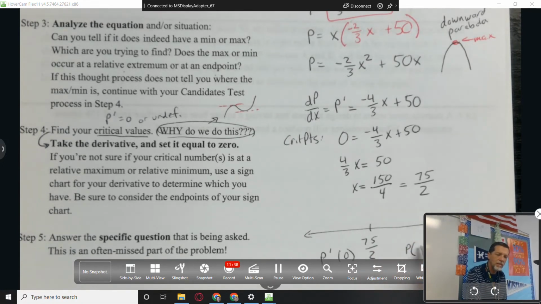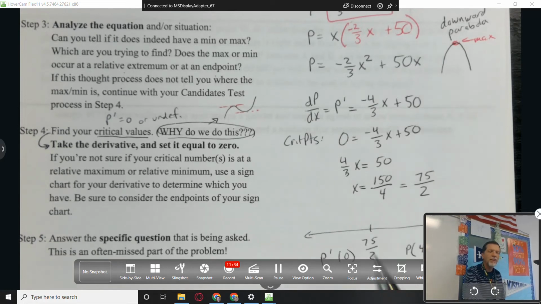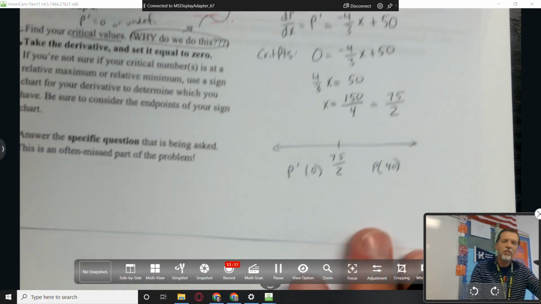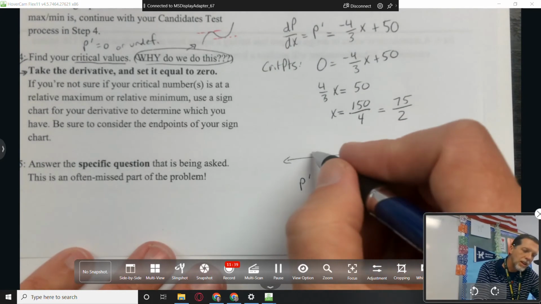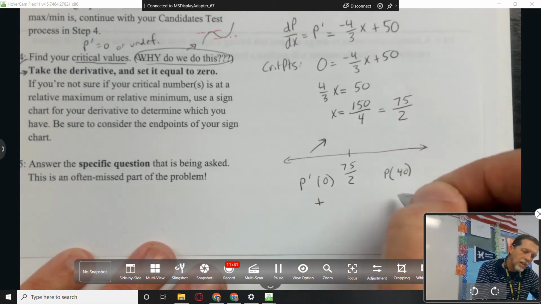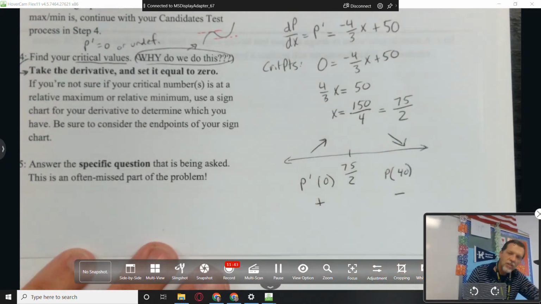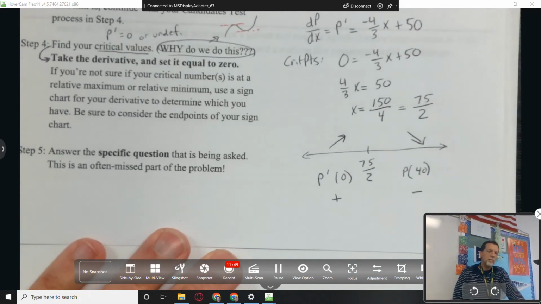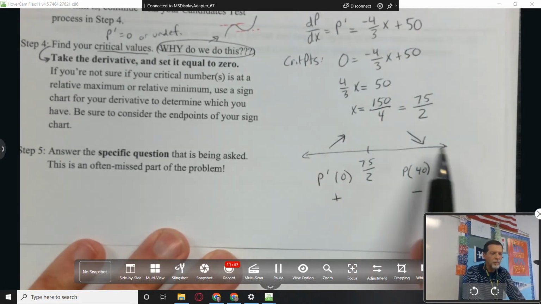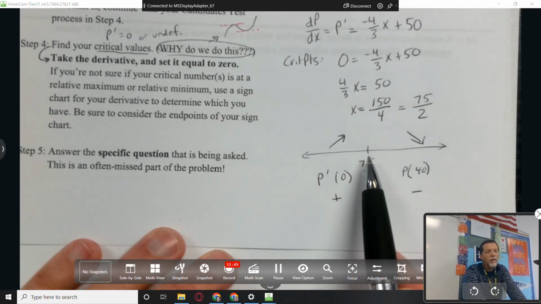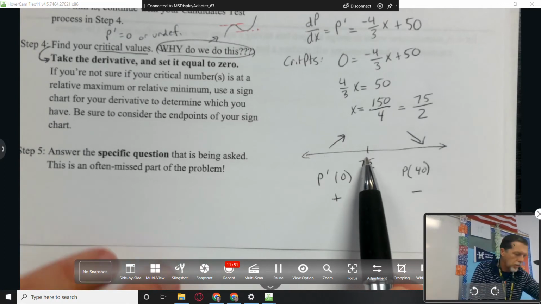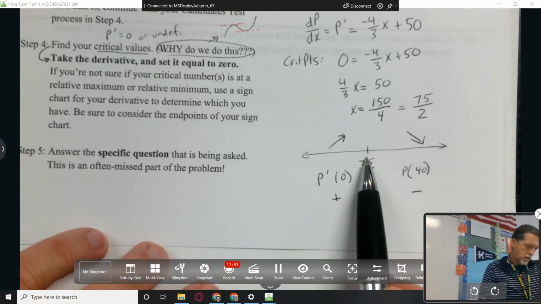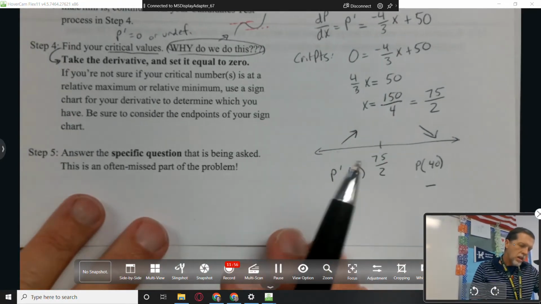I'm kind of cheating on this one because I know what the answer should be. It should tell me that p prime is positive over here and negative over there, because I already know it's a maximum.